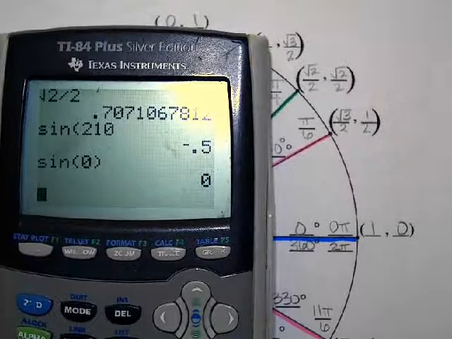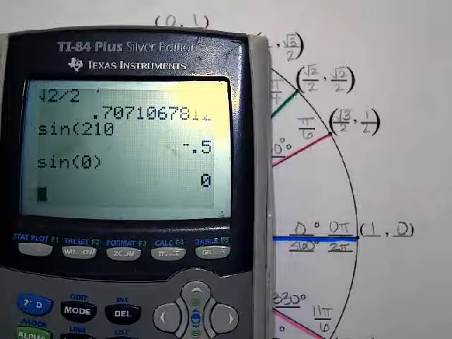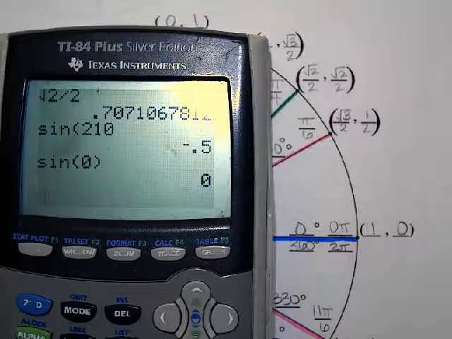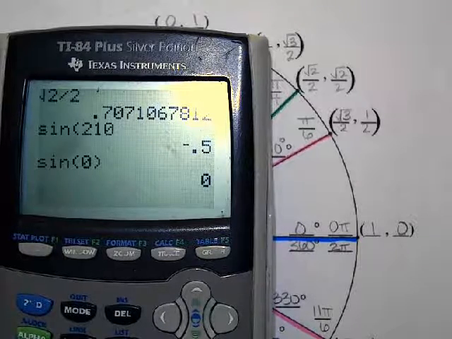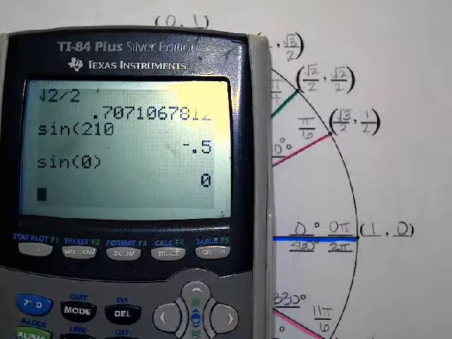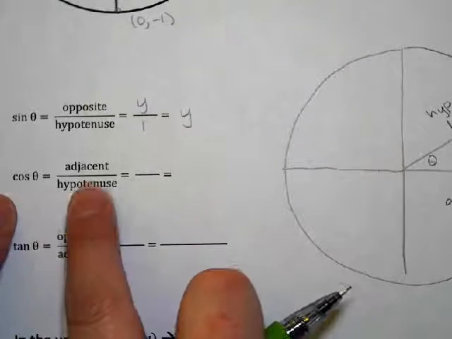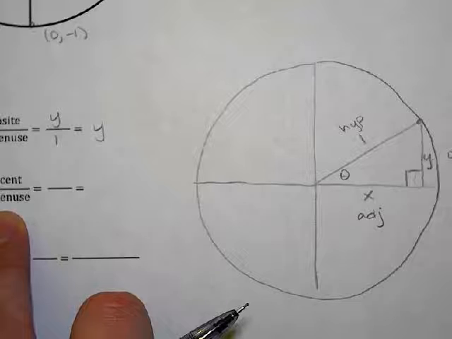All right, now cos of theta is adjacent over hypotenuse. What's the adjacent side? X over 1. So that's just x. All right, same thing here.